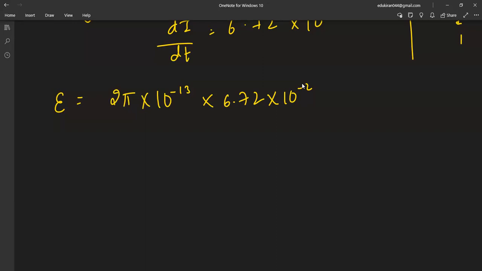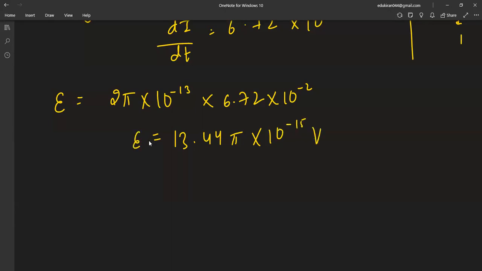This much is the amount of EMF that will be obtained. So 2 into this 6.72 will be 13.44. Pi, let us leave it. This becomes into 10 to the power minus 15 volt.